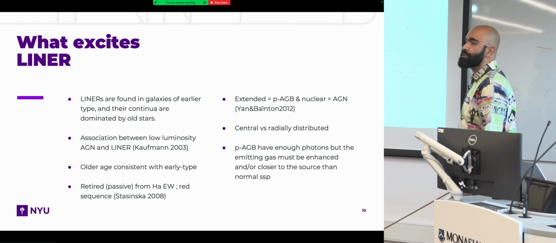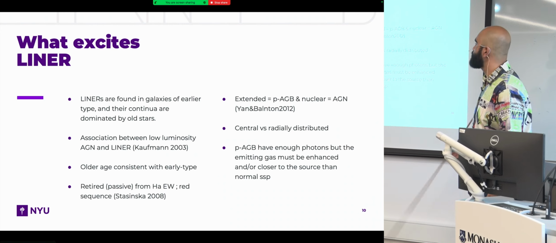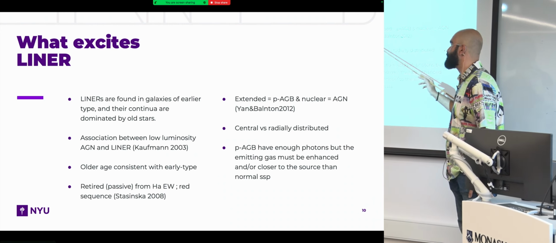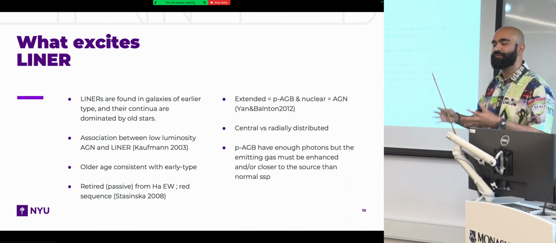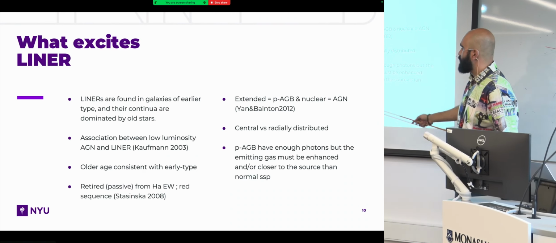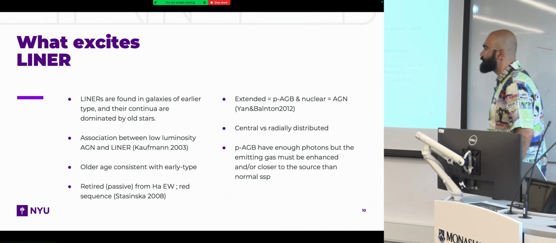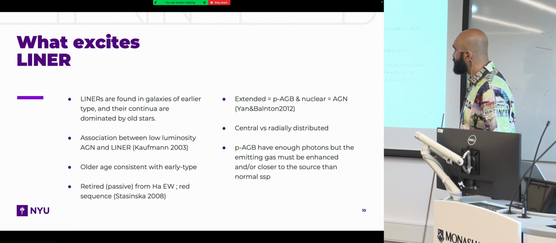But also it is known that AGN are more prominent in retired galaxies. So it was thought that this is just a result of AGN being found more likely in retired galaxies. So Kauffmann 2003 is a very famous, important, impactful paper.